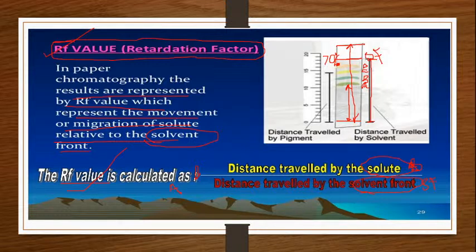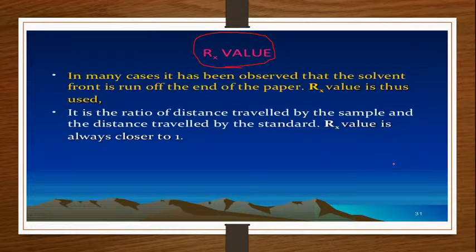Remember, if a solvent travels throughout the paper or the TLC plate, in that case there is no solvent front, and hence there should not be any RF value, because there is no specific solvent front distance you can calculate. In many cases it has been observed that the solvent front runs off the end of the paper.